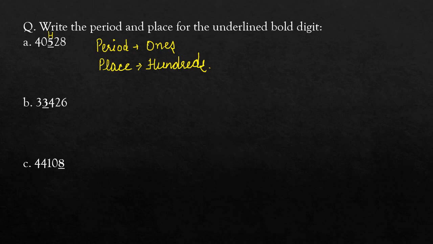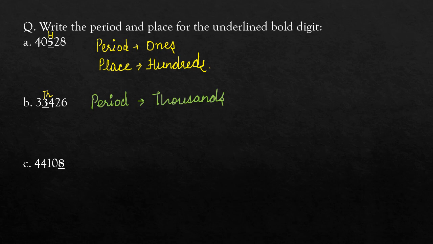Next question, 33,426. Here you can see this 3 is underlined and it is at thousands place. Therefore, period of this digit is thousands, because thousands and 10,000s lie in thousands period.